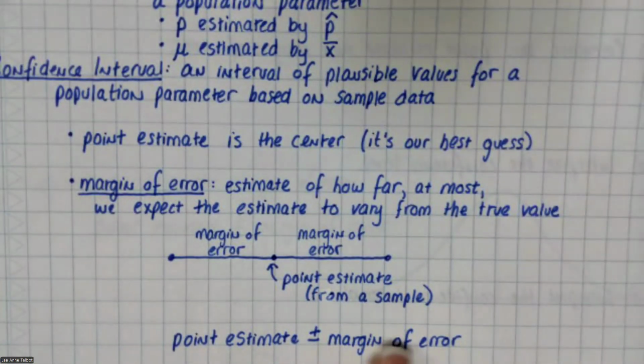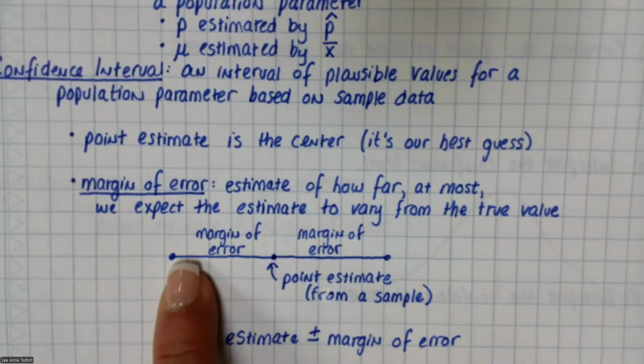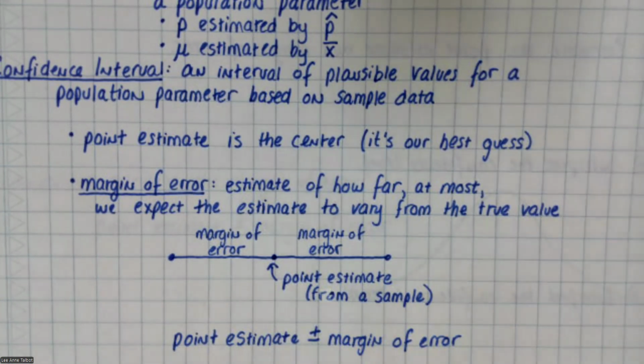Does this make sense? Like, makes sense to you? So point estimate being the middle, the minus is this part, and then the plus is this part. Do you see it?